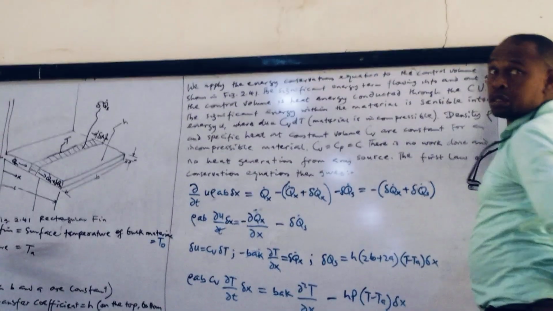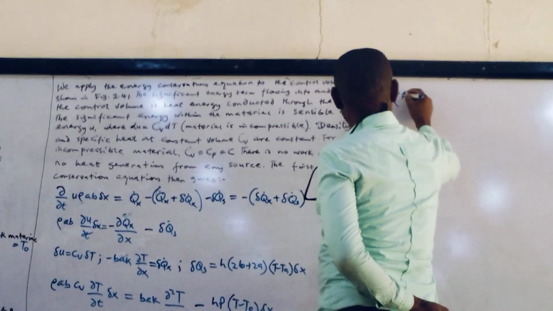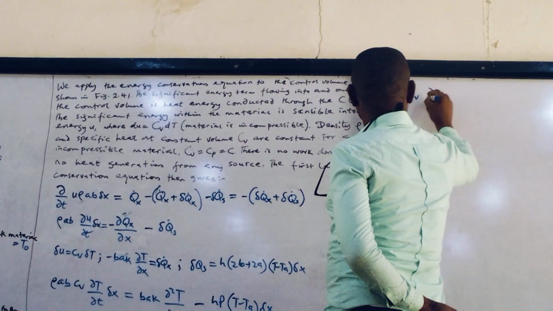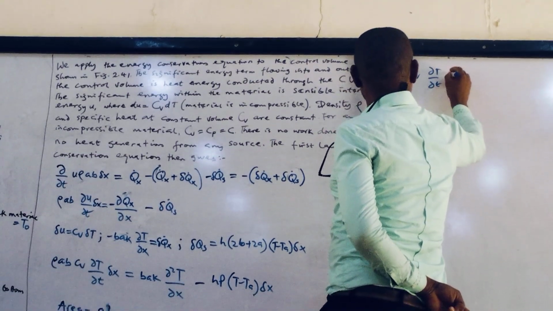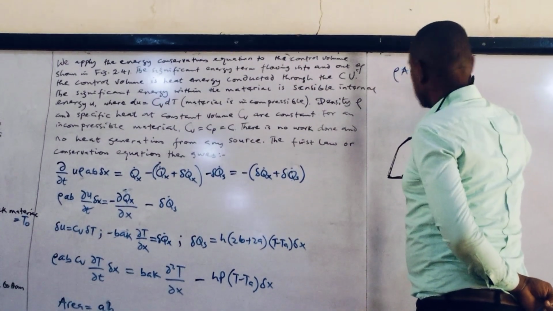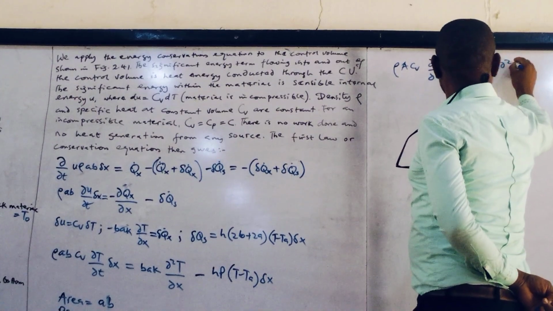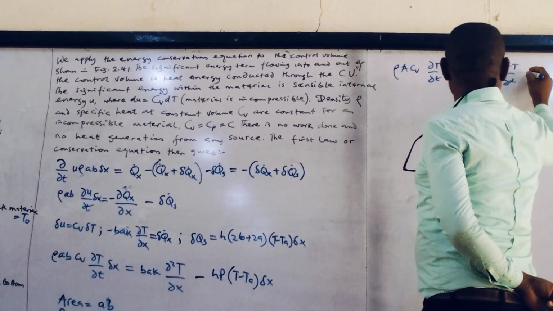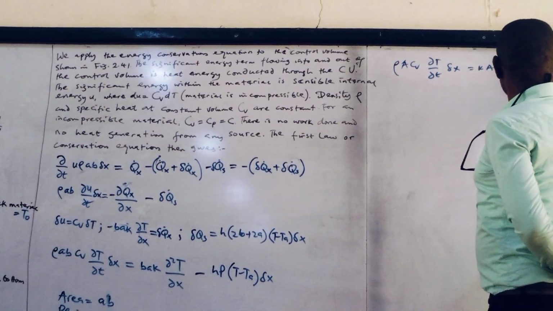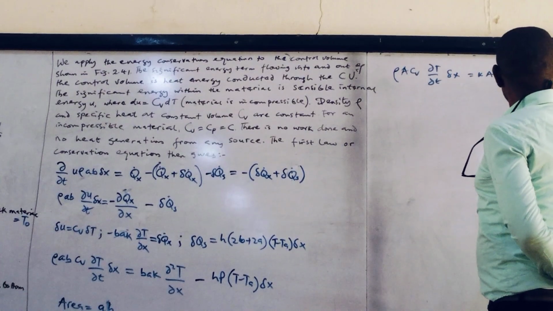rho AC dT dx equal to KA d squared T dx minus HP into (T minus TA) dx.